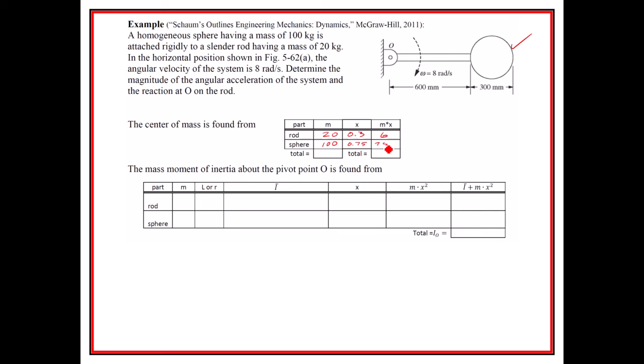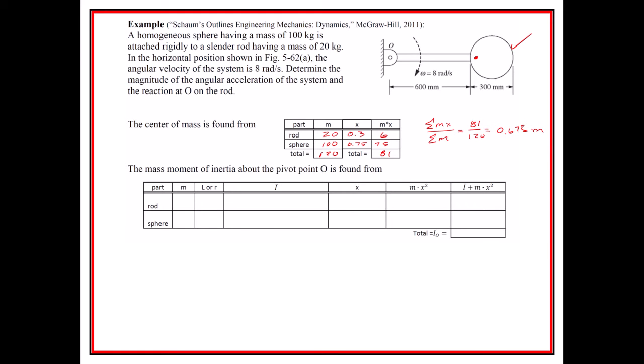We end up with 75, so we end up with 120, and then 81. If we take the sum of the masses times the distances and the sum of the masses, we end up with 81 divided by 120, or 0.675. So the center of mass is somewhere right around there. That's in meters, by the way.